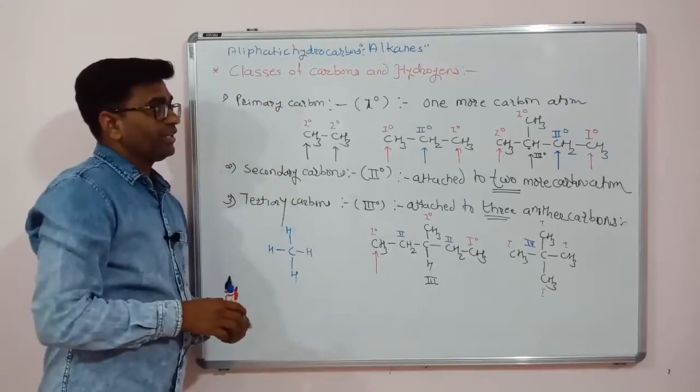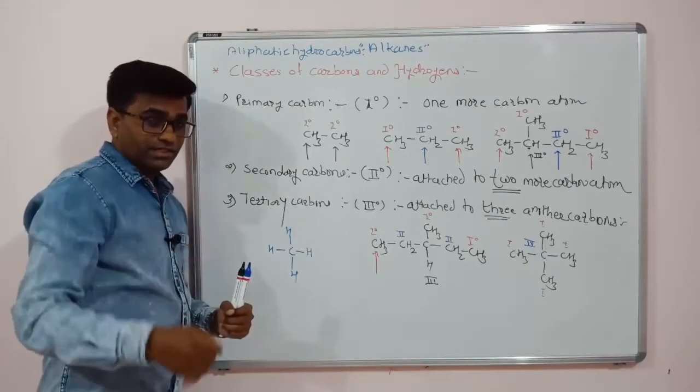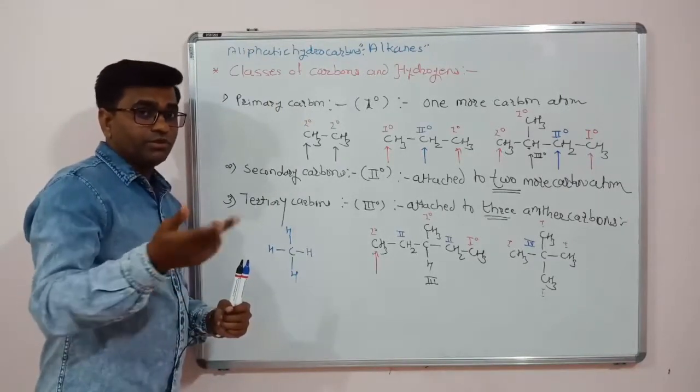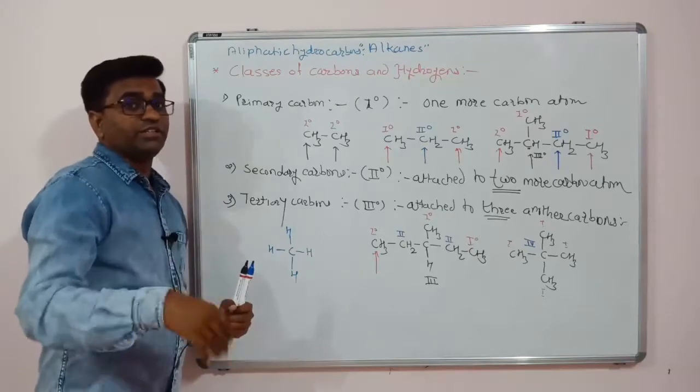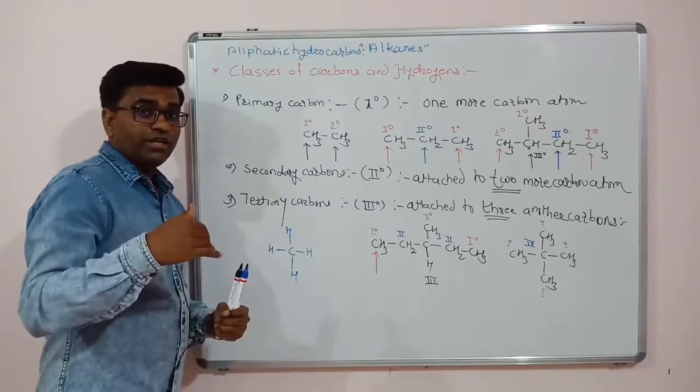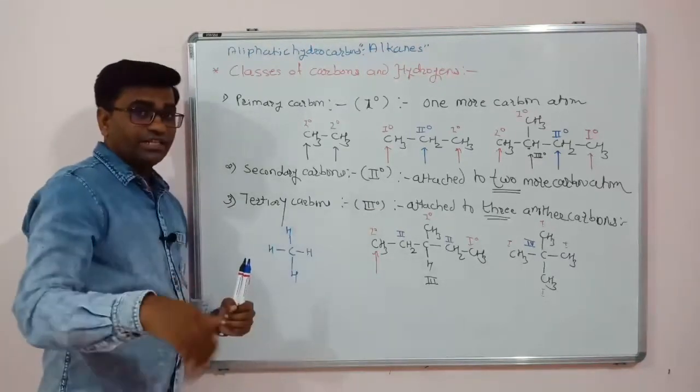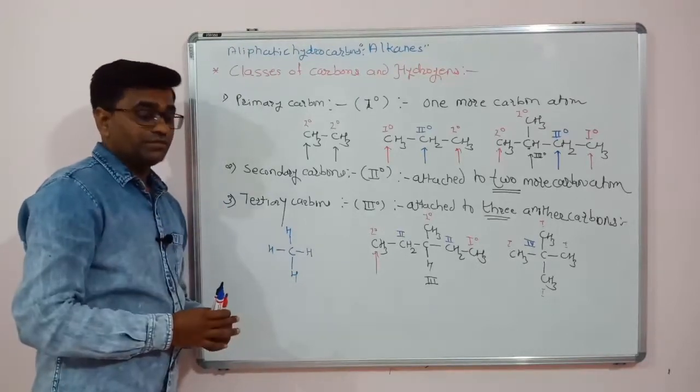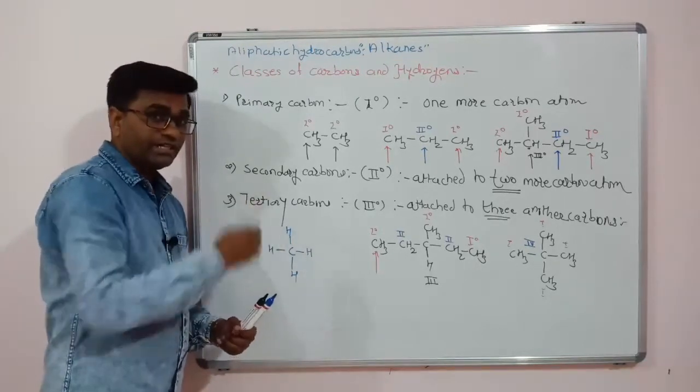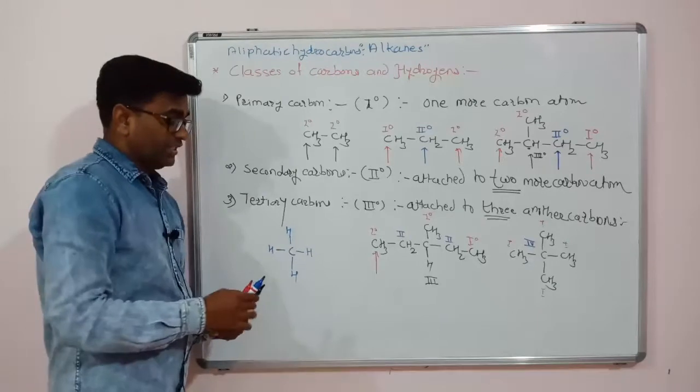See the definition. If primary, one more carbon atom. If secondary, two more carbon atoms. If tertiary, three more carbon atoms. If quaternary, it is attached to four other carbon atoms. But here there is no other atom. This is only single.